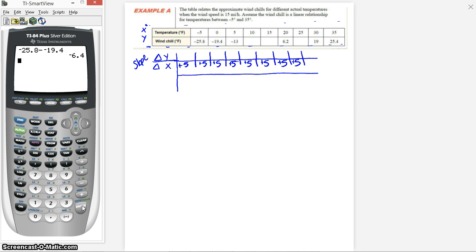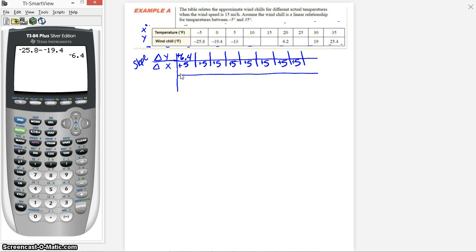However, the wind chill is actually getting higher, right? The temperature is getting higher. So -19.4 is a higher number than -25.8. So I'm going to put a positive because it's going up 6.4. I know that's a really confusing point right there.